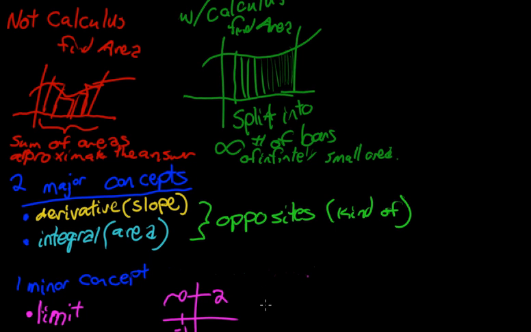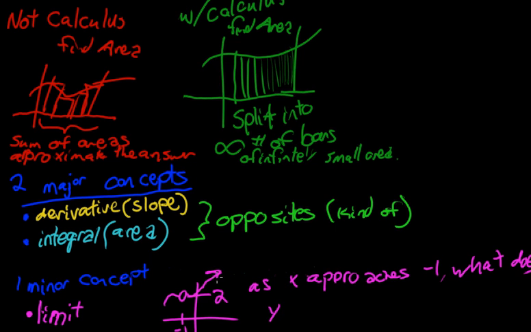Example of a limit problem would be, as x approaches -1, what does y approach? Well, here we can see that once x gets closer to -1, y is getting closer and closer to 2 from each side, so we just say y equals 2. And that's what y is approaching.